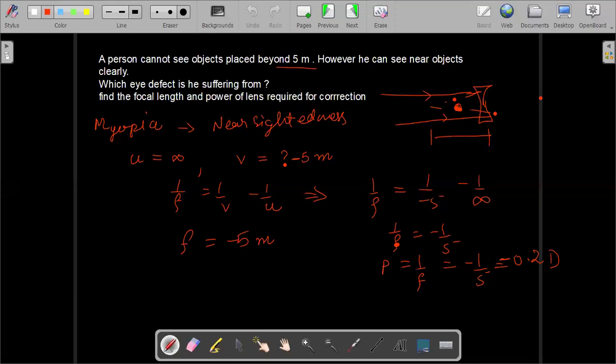Okay, so is there anyone who has not understood this? The questions of myopia.